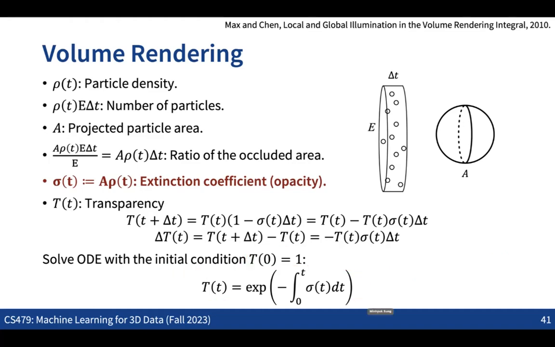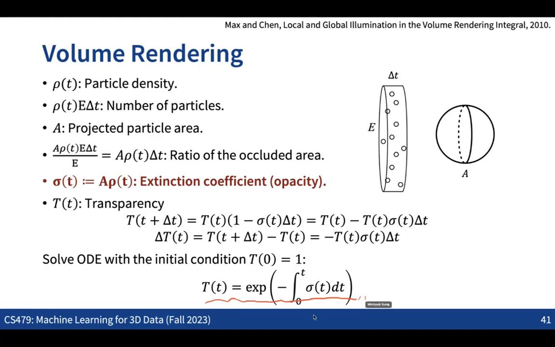Do you see why T0 should be 1? Because there should obviously be no intersections at the very initial point, right? So we start from a transparency of 1. Obviously, the probability that the ray should not stop at the initial point should be 1, right? No interactions at the very beginning. And then we get this formulation.